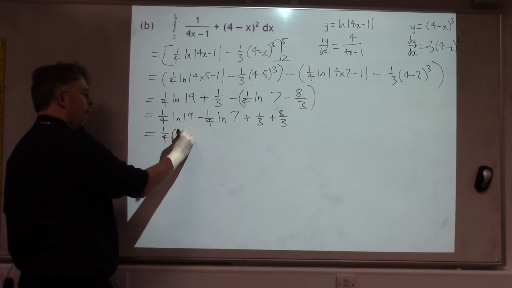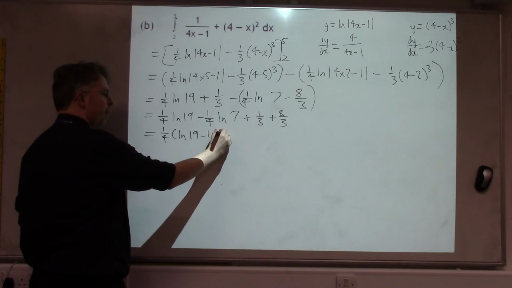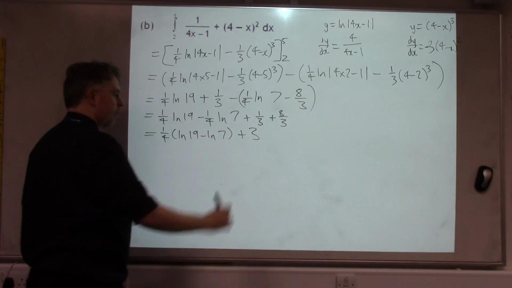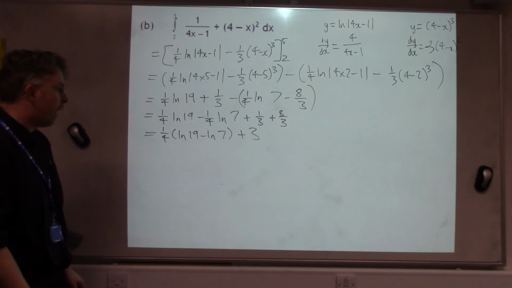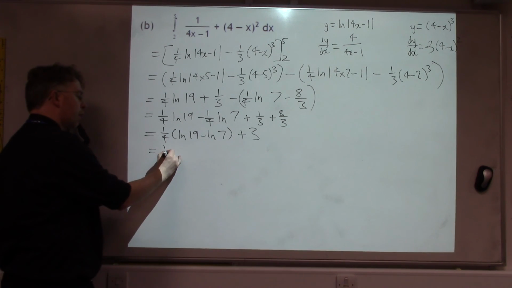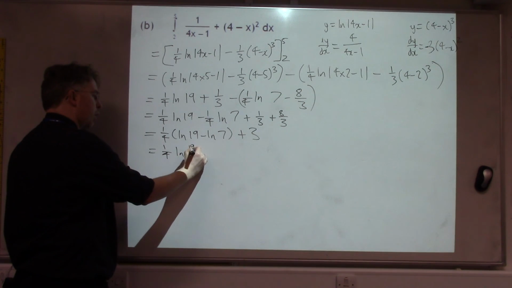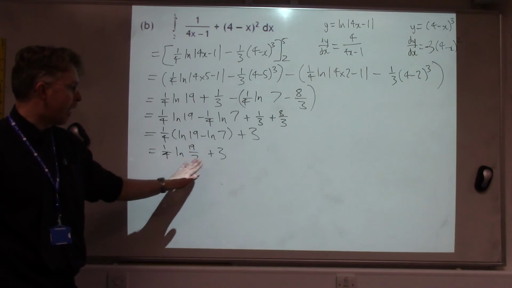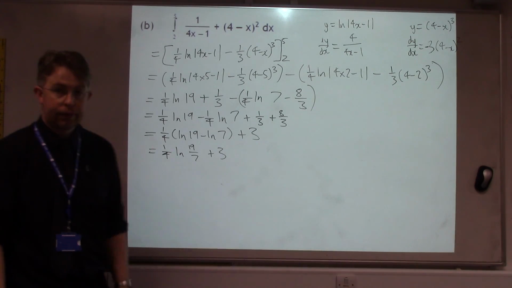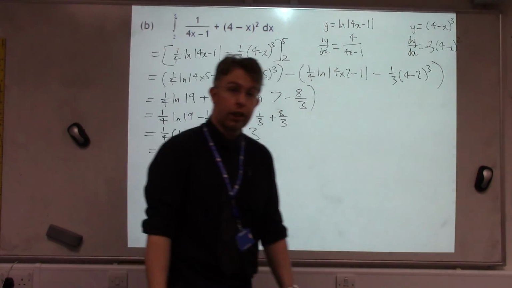So factorise the quarter out. Then laws of logarithms, we can combine them into one log, ln of 19 over 7. So an exact answer for this would be a quarter ln 19 over 7 plus 3. And that concludes this section.